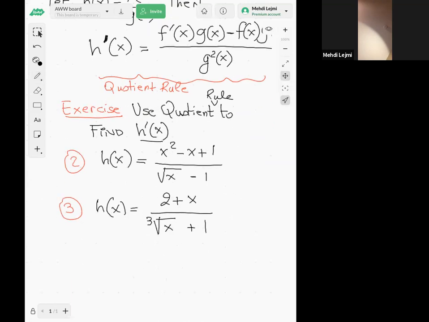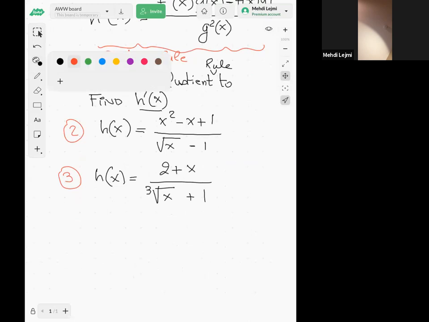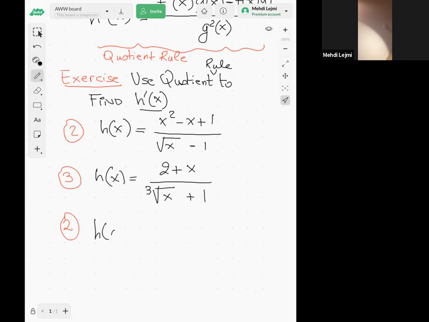For number two, your h of x is x squared minus x plus 1 over square root of x minus 1. The function on top will be my f of x, so this is my f of x over the g of x.